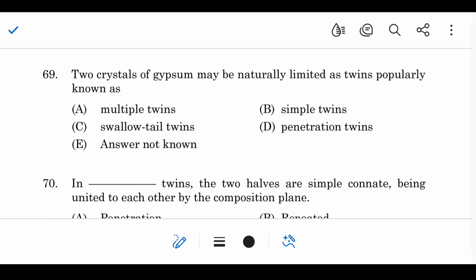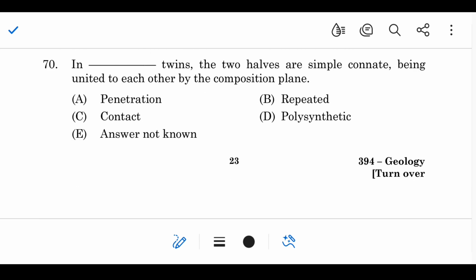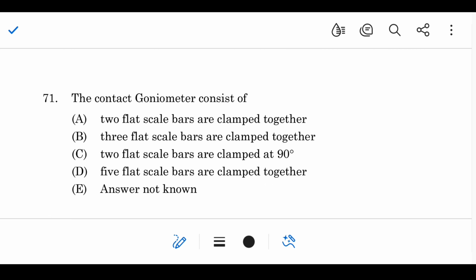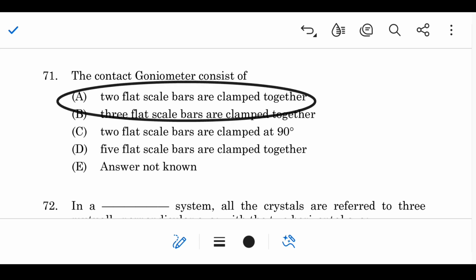The two crystals of gypsum may be naturally joined as a twin, popularly known as swallowtail twin. 70. In twin, the two halves are simply coordinated, being united to each other by the composition plane of contact. The contact goniometer consists of two flat scales clamped together.